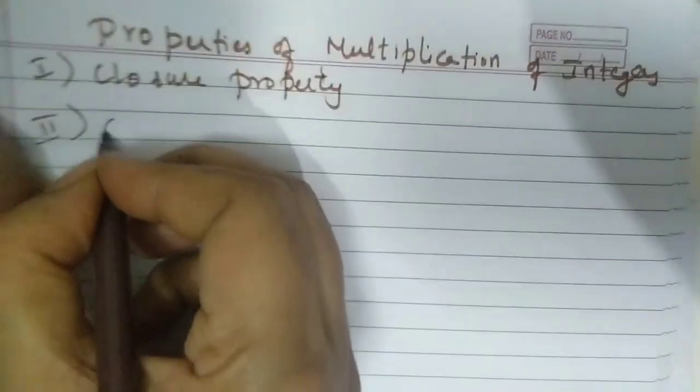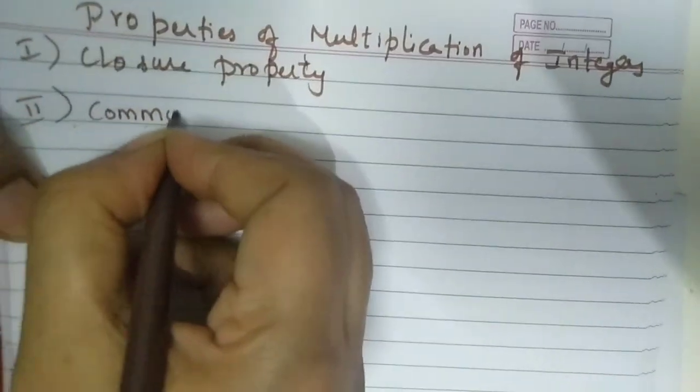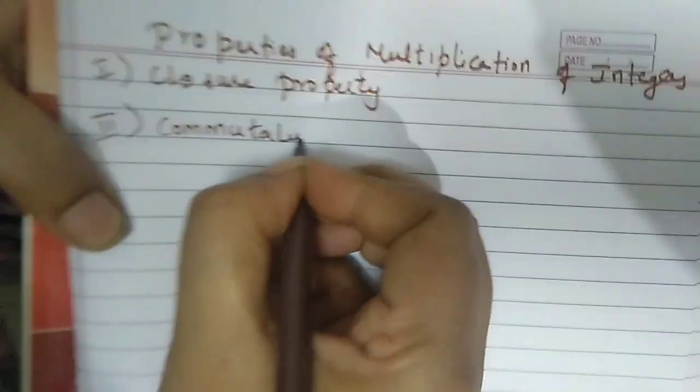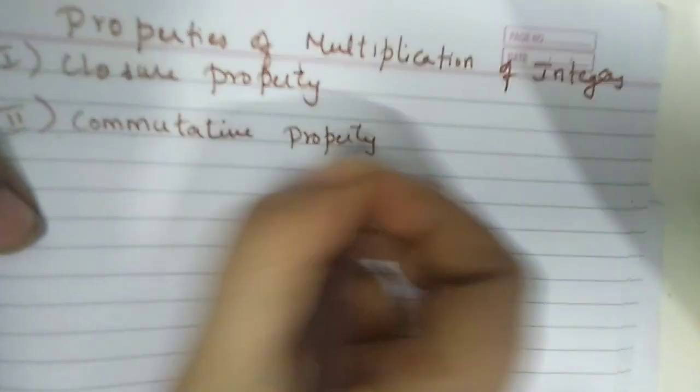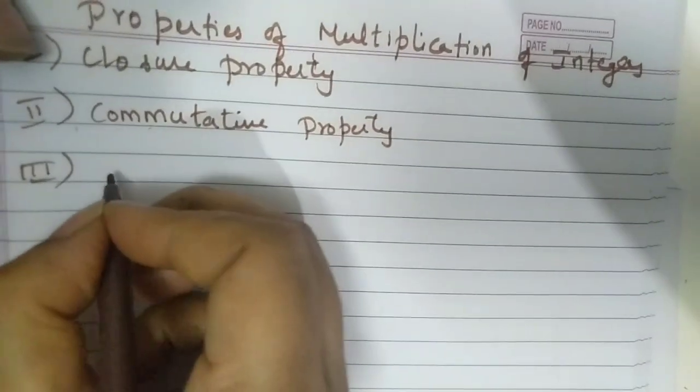Then next is the commutative property. Then we have the associative property.